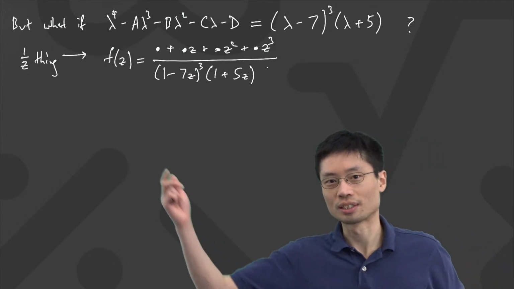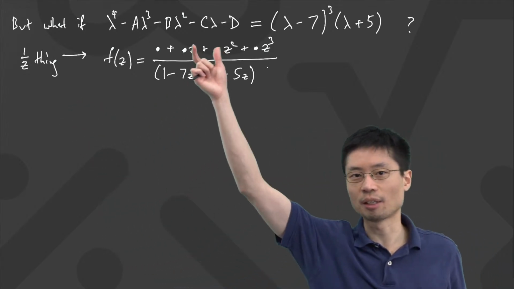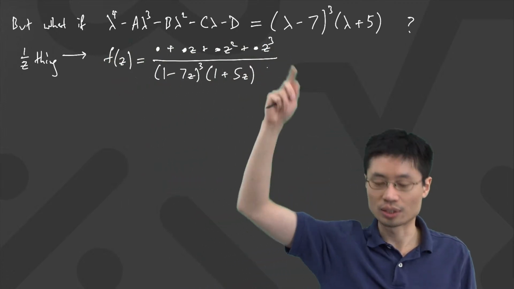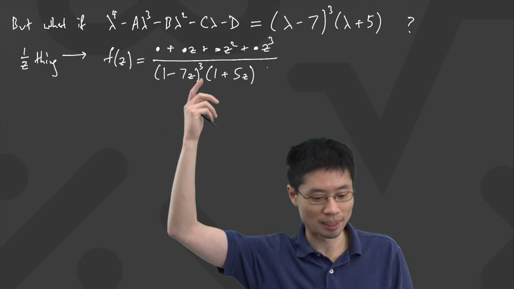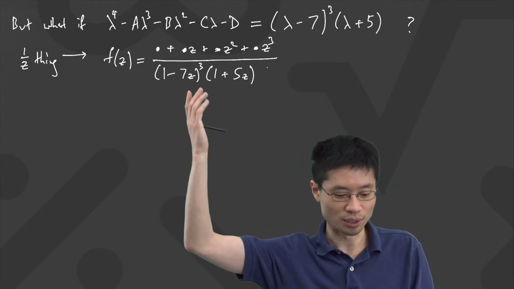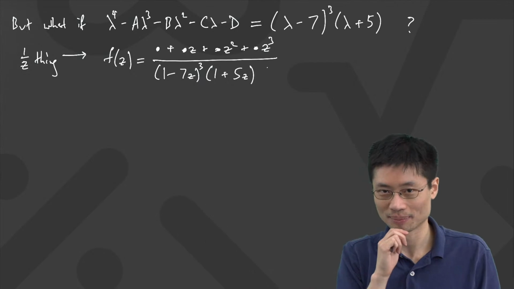So this is the 1 over z thing. I flipped from the lambda thing to the z stuff, and effectively all that happened is you divide both sides by z to the fourth or something.